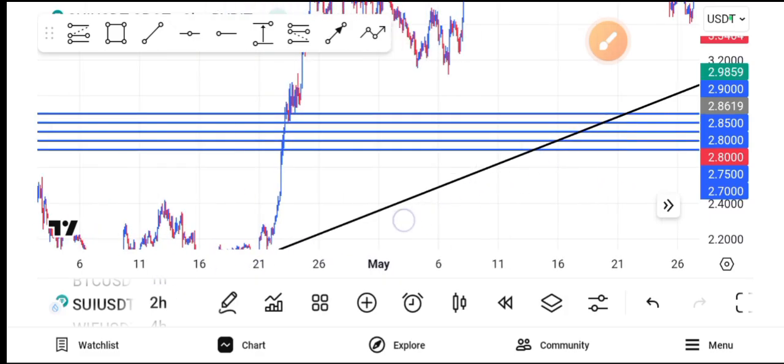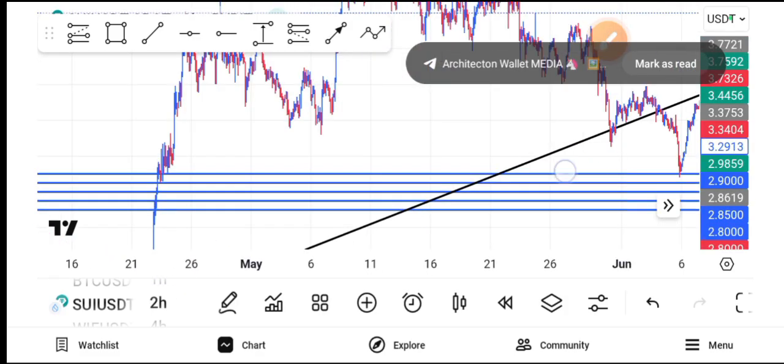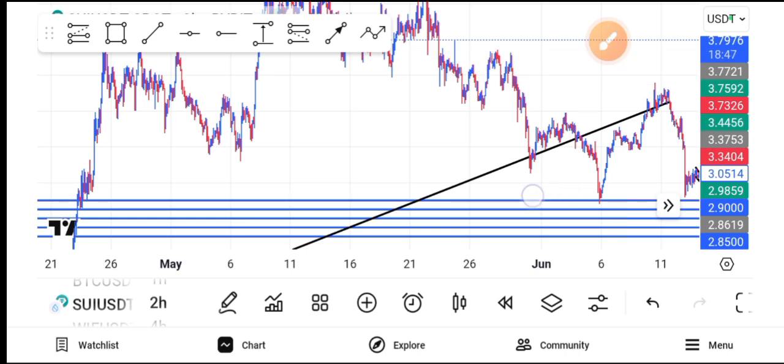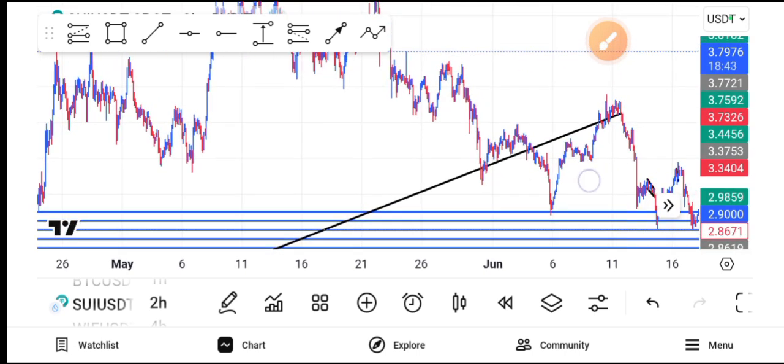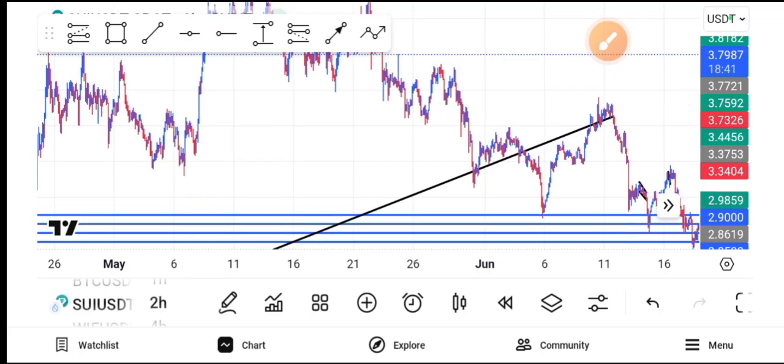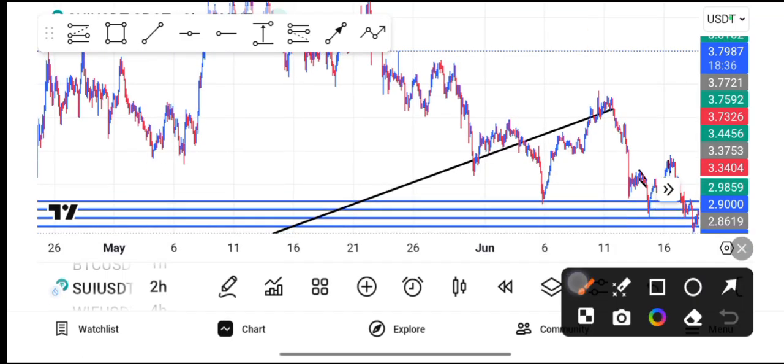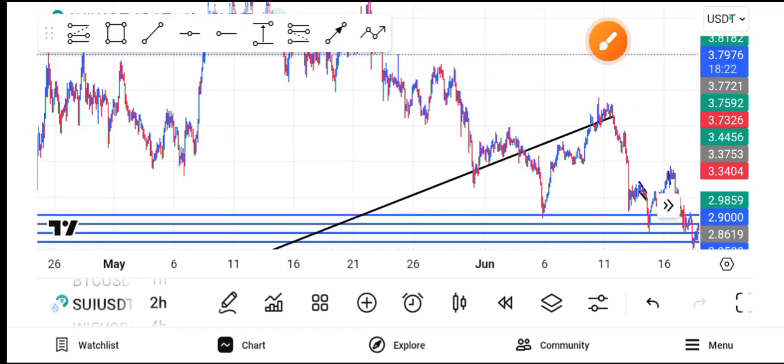So a trend line can serve as a support and a resistance. You understand? Here it serves as a support, but here it serves as a resistance. When price came back, as it breaks this trend line, it came back again, it rejected here and it dropped, right? So that is support and resistance.